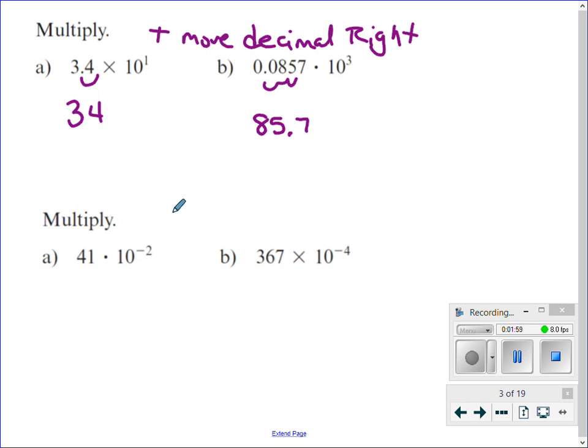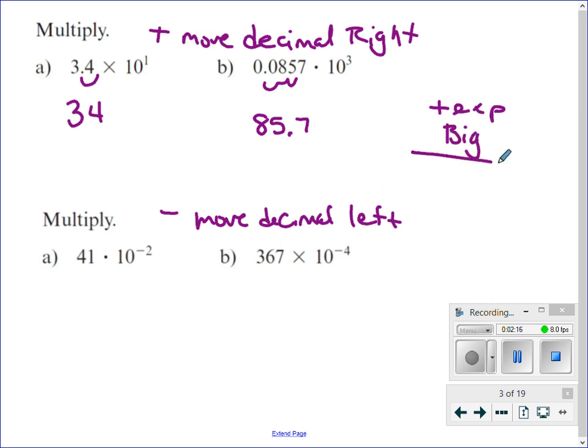When you have a negative exponent, you move the decimal left. So think of positive exponents as big, larger numbers. Negative exponents are small numbers or decimals, okay?